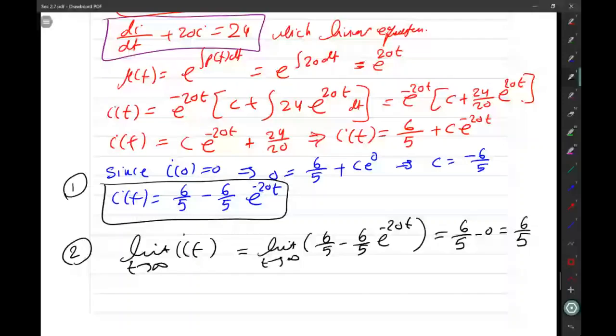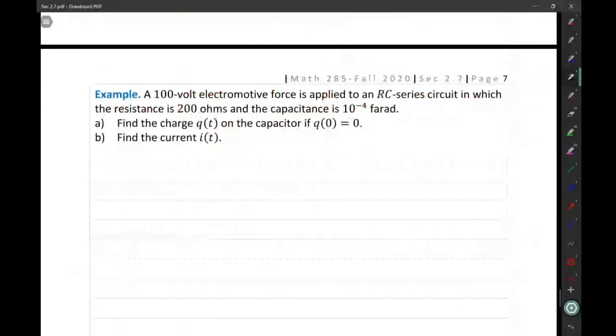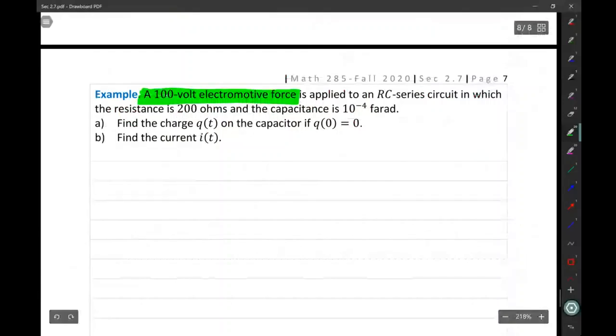The next example says a 100 volt electromotive force, E of t, is applied in an RC circuit.